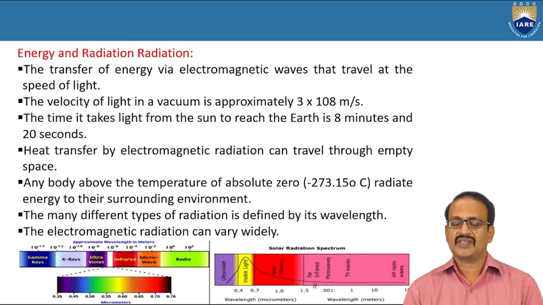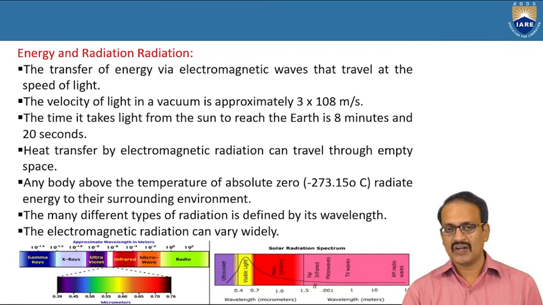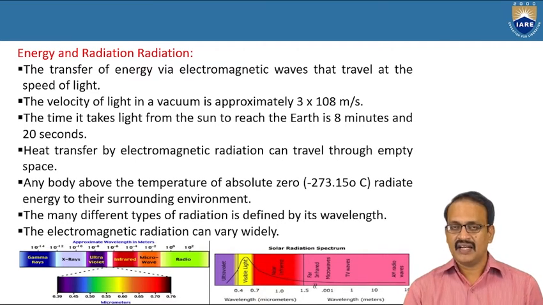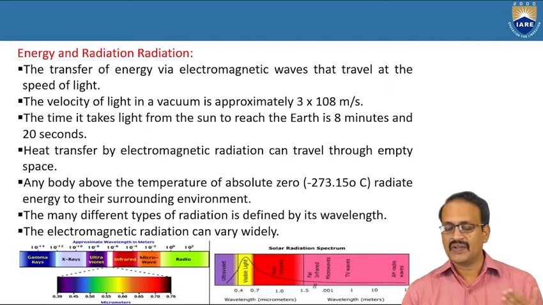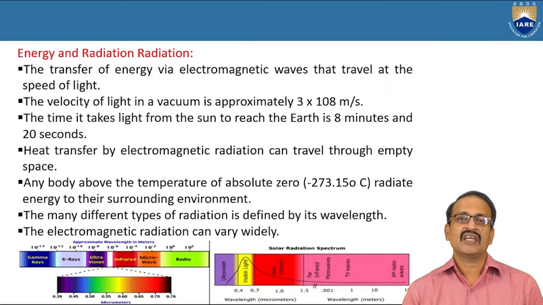For us, it is 365 days and 24 hours a day. But it will vary for Mars, for Mercury, and for Venus.